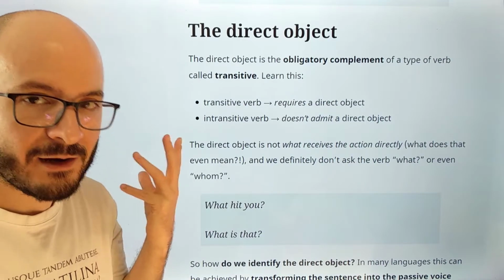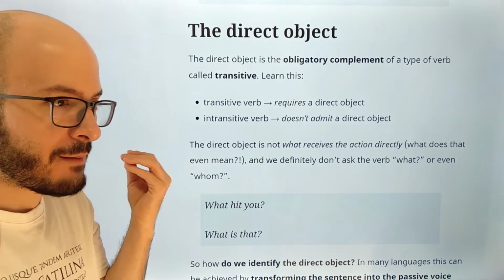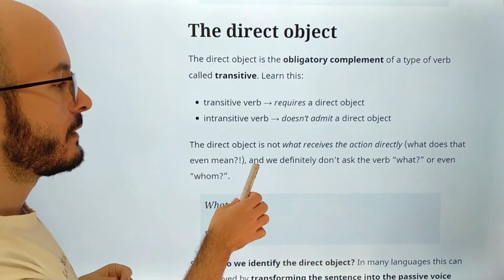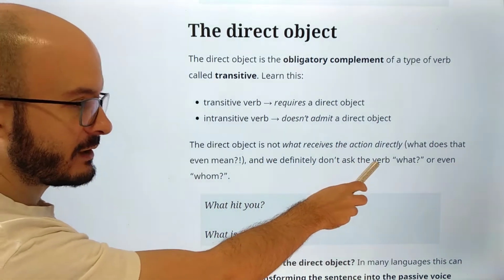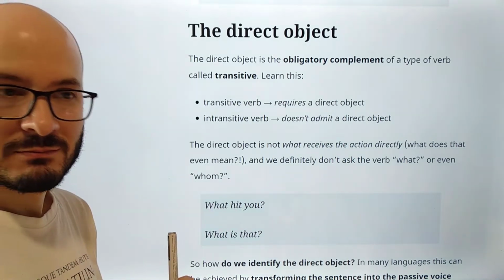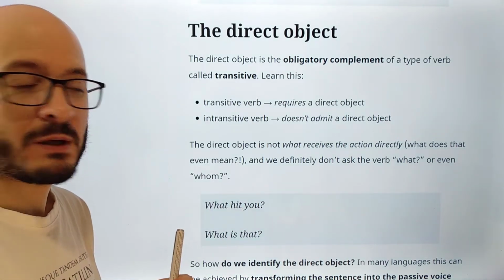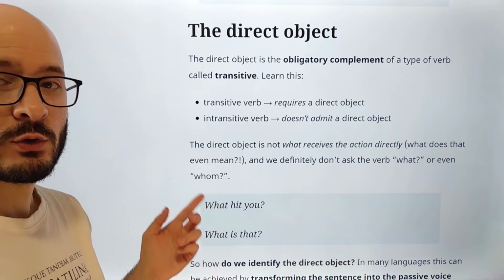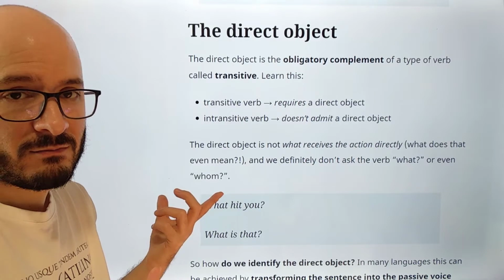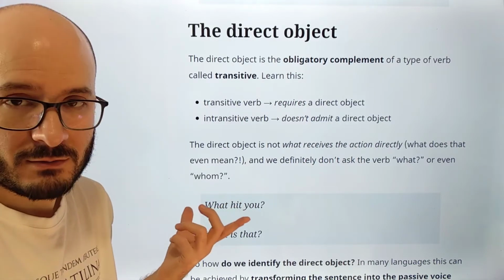We don't care what it is. We care about how to find it, how to identify it, okay? And we definitely don't ask the verb what or even whom, okay? Also because many English-speaking people don't really know the difference between who and whom, etc. So if we don't know that, we cannot use it, okay?